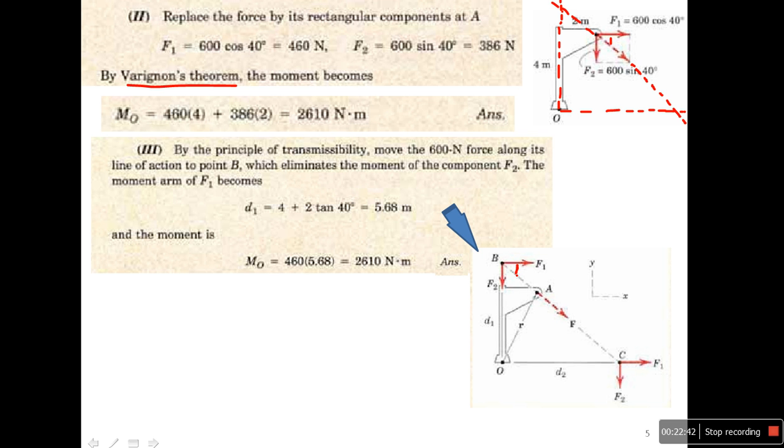Do not forget this angle is equal to 40.